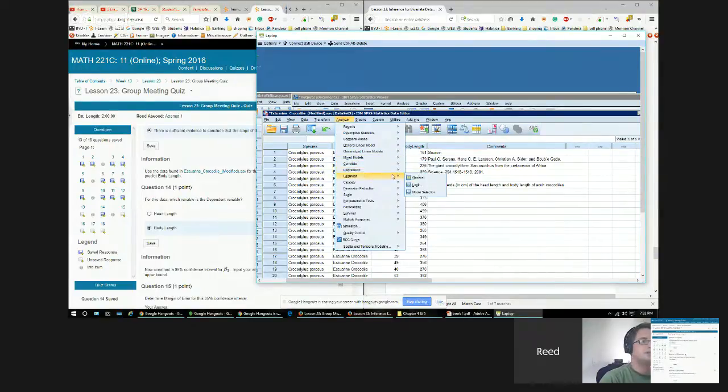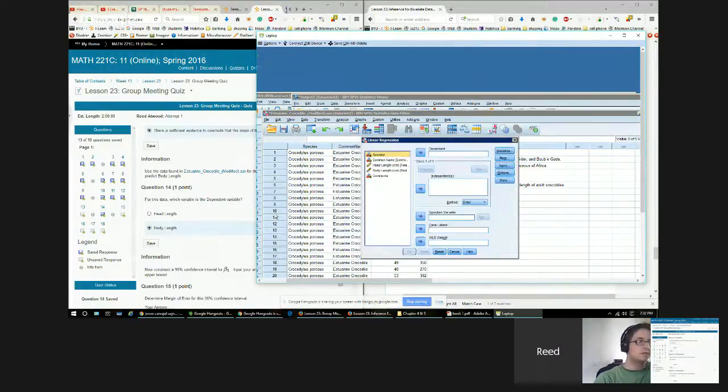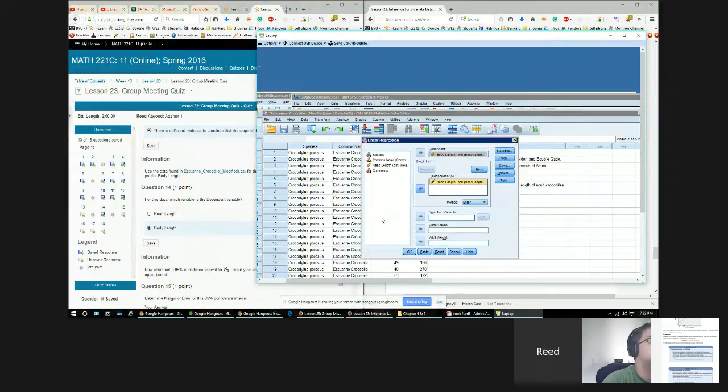We can all do it if we want. What is that file called? It's called Estuarine Crocodile, modified.